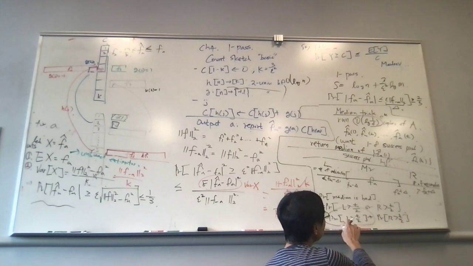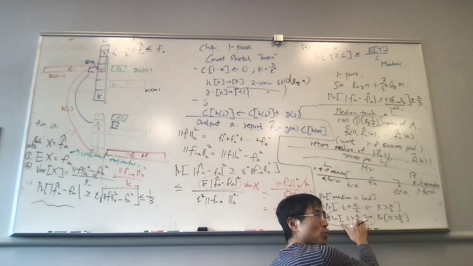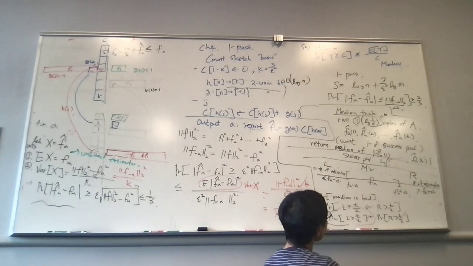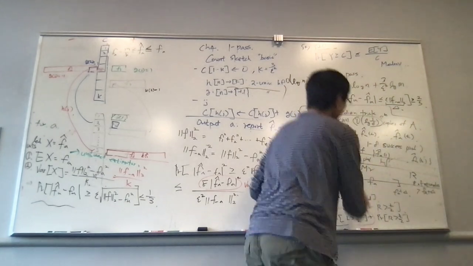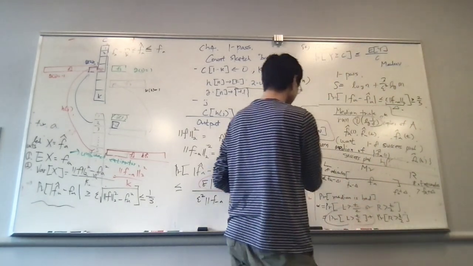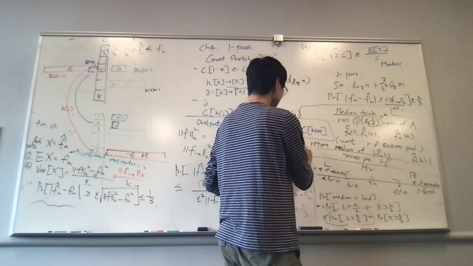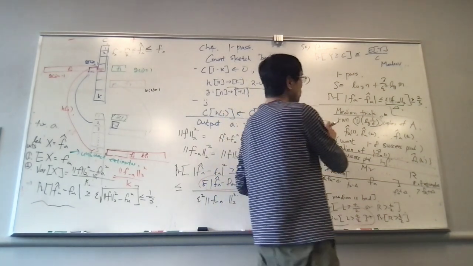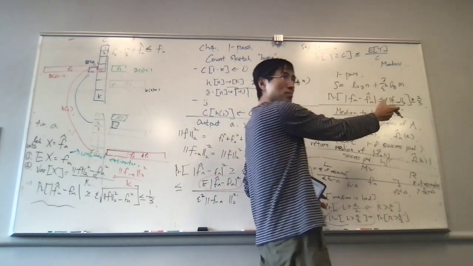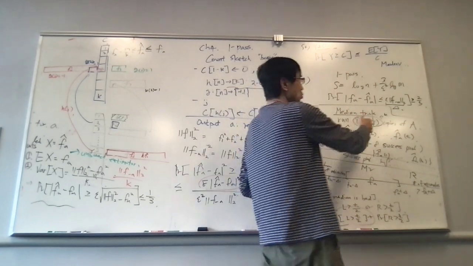What's the probability that L is more than T over 2? What I know is that with this basic algorithm, I'm successful with probability 2/3.